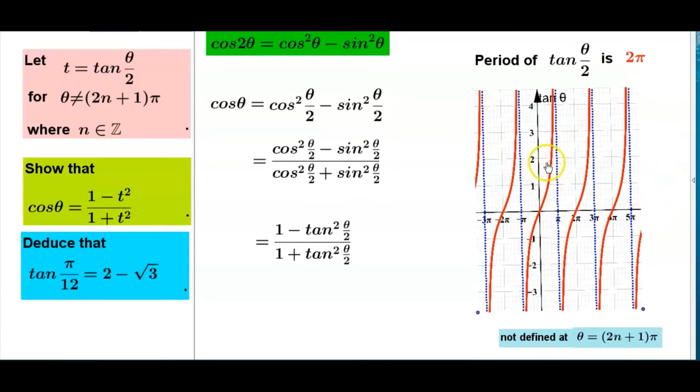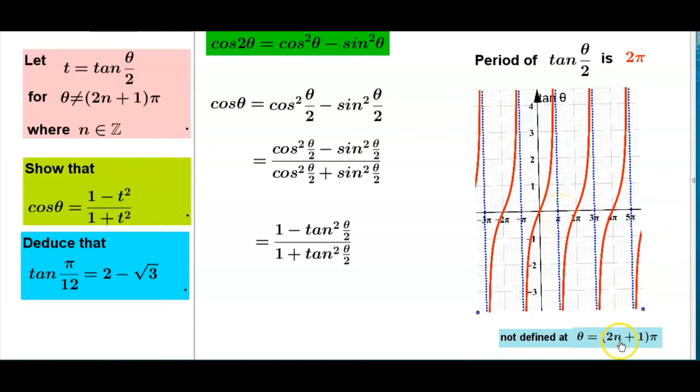This graph is not defined at theta equal to pi, 3 pi, 5 pi, or theta equal to minus pi, minus 3 pi. At these values tan theta by 2 is not defined. We can write this as: not defined at theta equal to (2n plus 1) times pi. When n is 0, theta is pi, not defined.